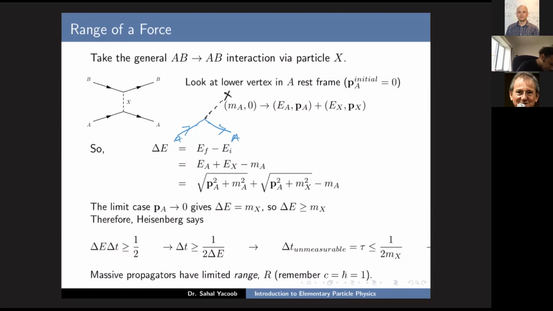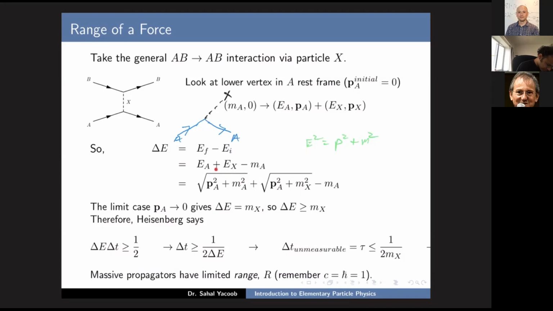If we look at just the change of energy, it's final minus initial, so EA plus EX minus MA. We know that E squared is equal to P squared plus M squared, and so we can make that substitution back into here.